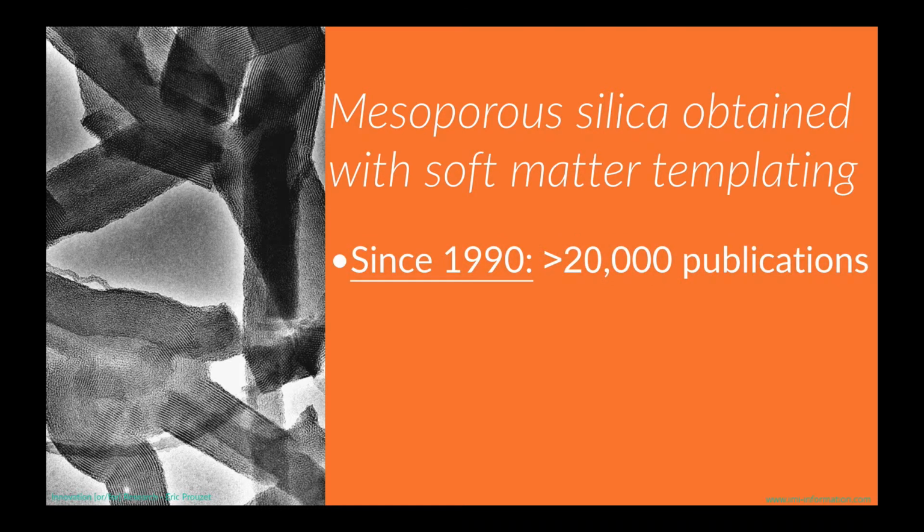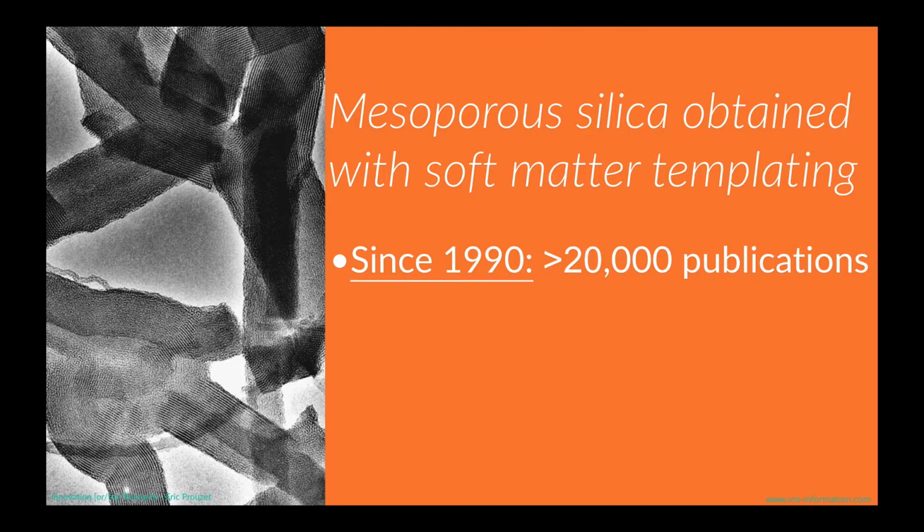This type of well-ordered porous silica was actually discovered or rediscovered in the 1990s, especially with a famous paper published in the journal Nature in 1992. And that was a real revolution in the way to make porous materials. Since the 1990s, I would say there have probably been around 20,000 publications on this domain or relevant areas.